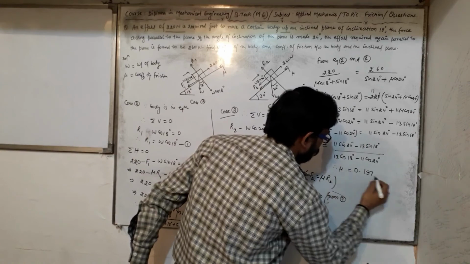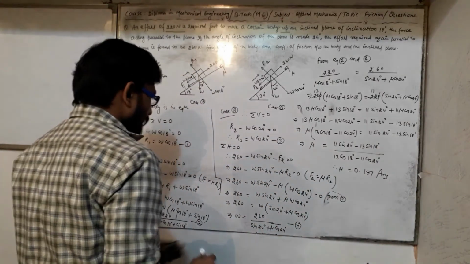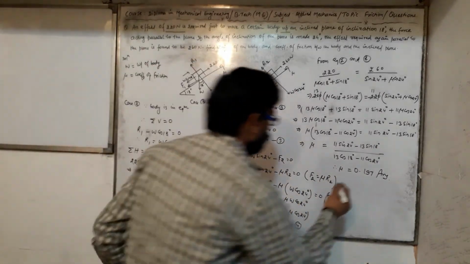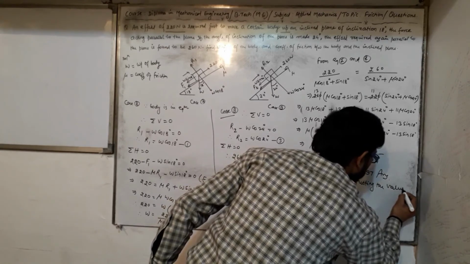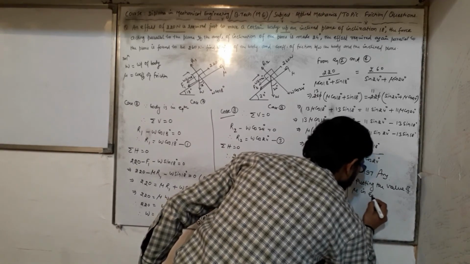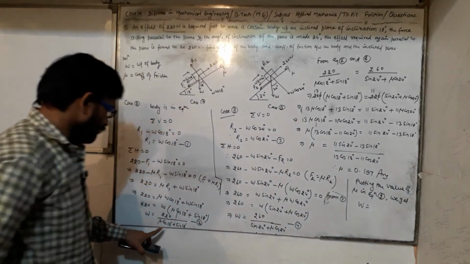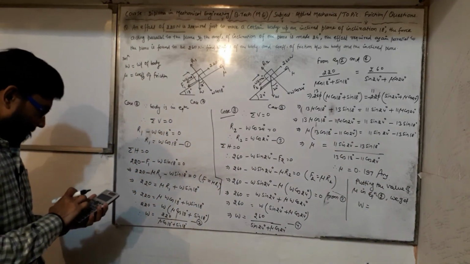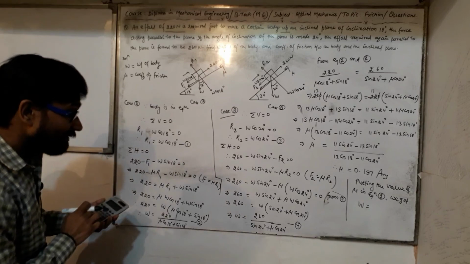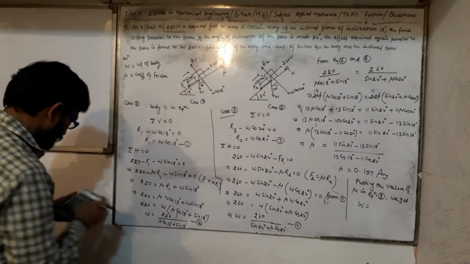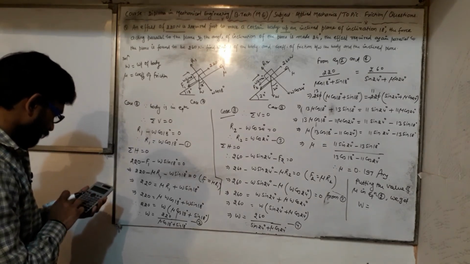Therefore the mu value is 0.197. Now, putting it in either equation 2 or 4, putting the value of mu in equation 2, we get W equals 220 divided by 0.197 times cos 18 plus sin 18.